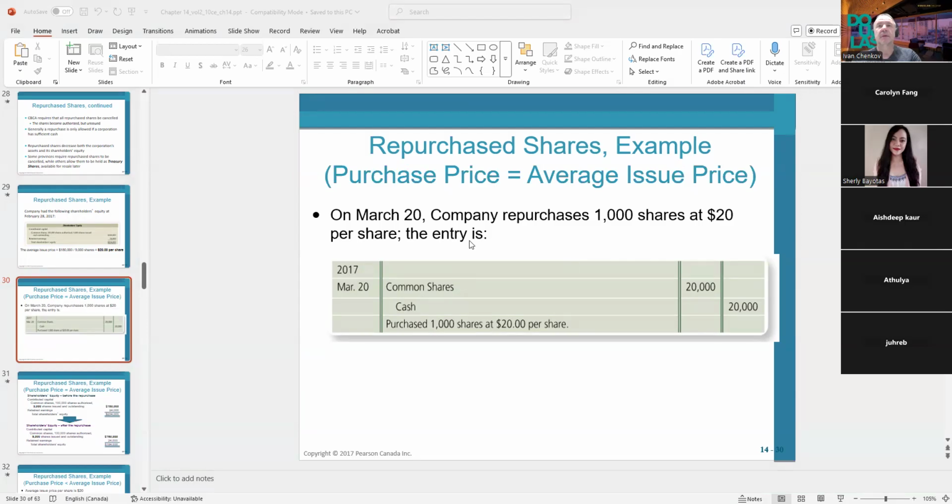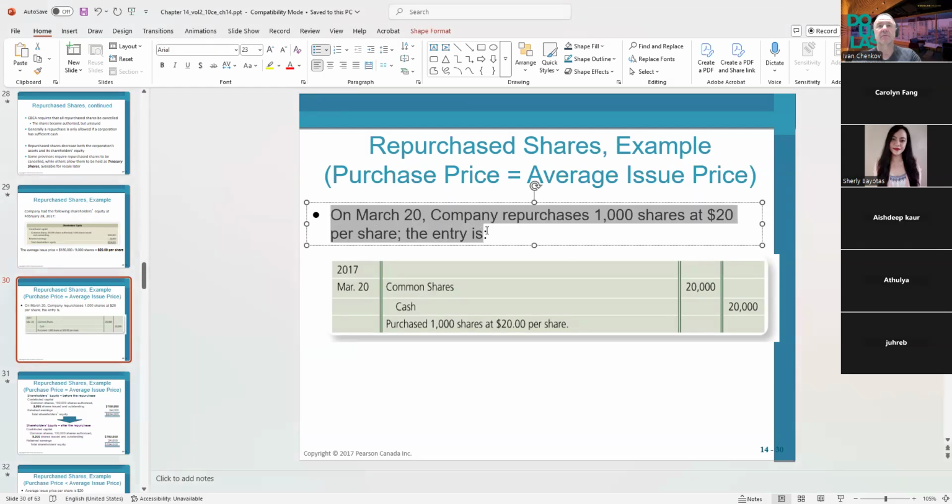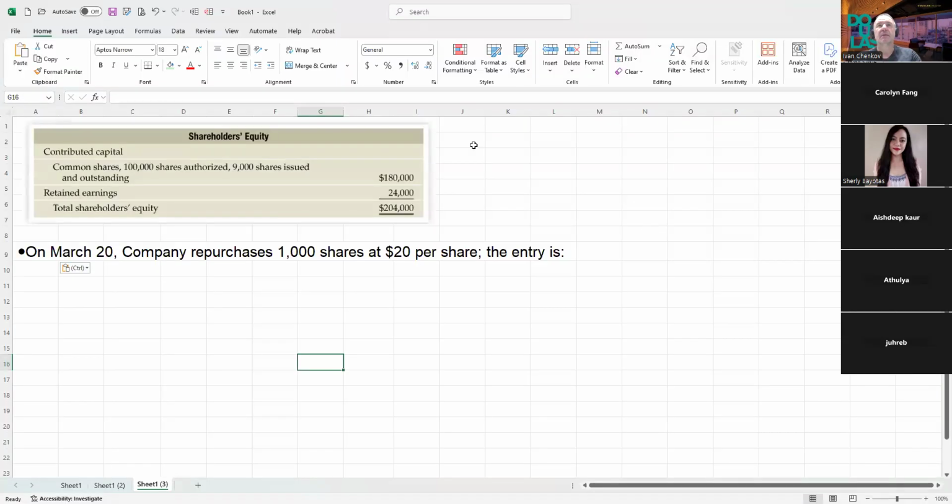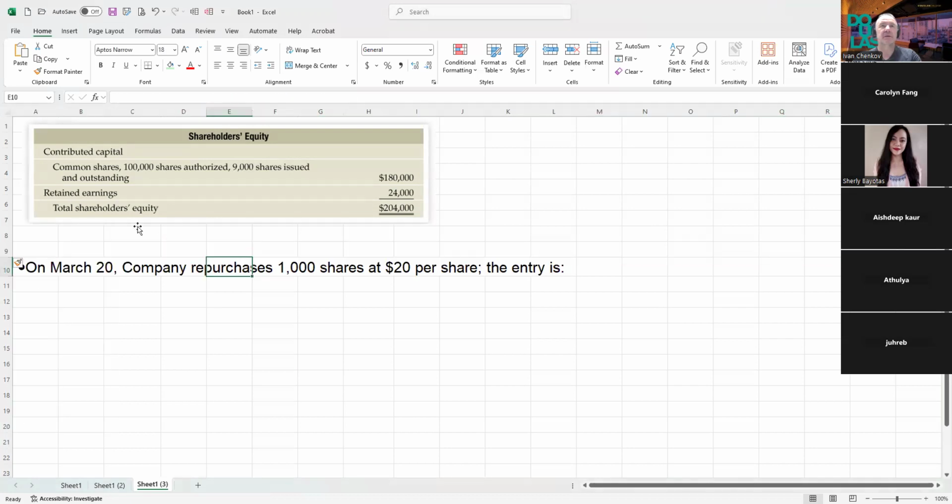Now, let's start working one after another. Now I can flip to the Excel spreadsheet, and we can work together on it. So what we have at this point, let's see, what was the initial date?